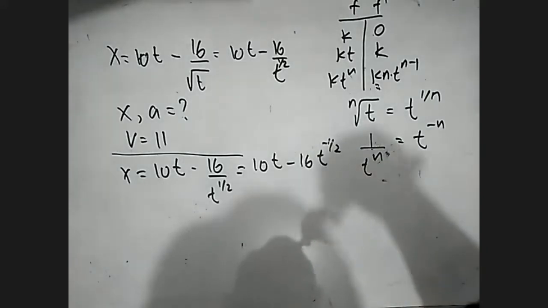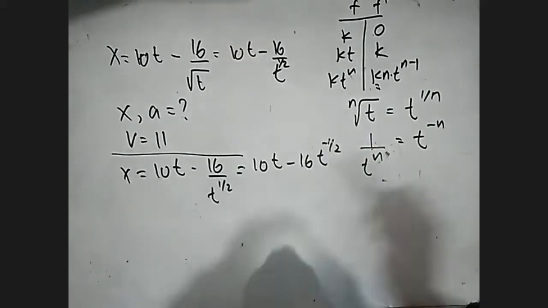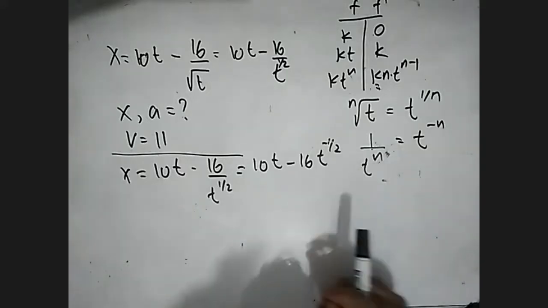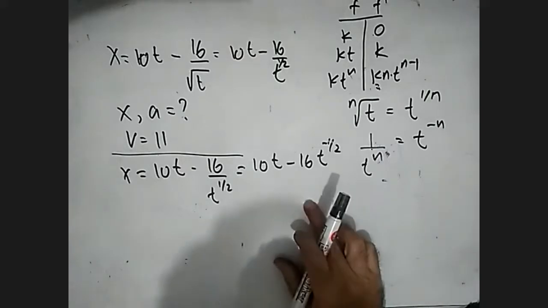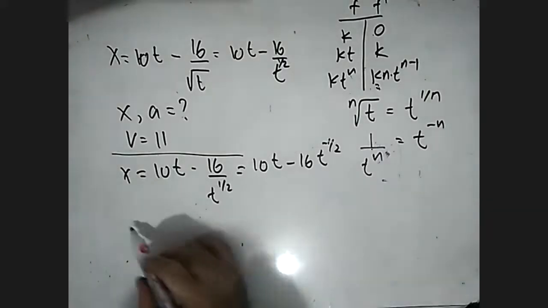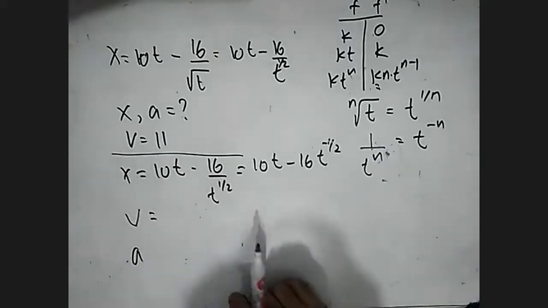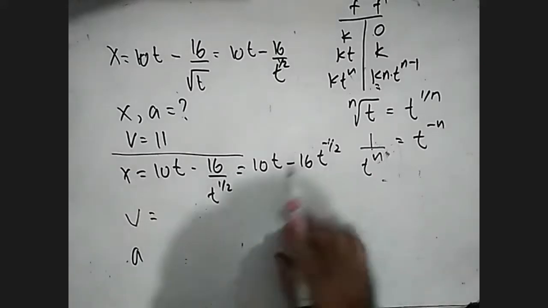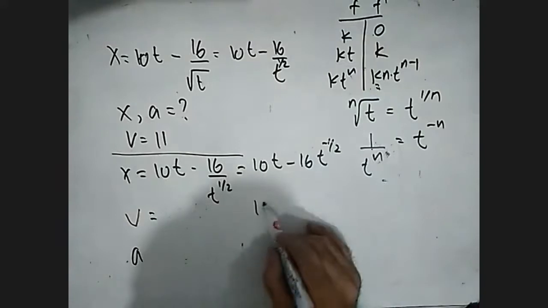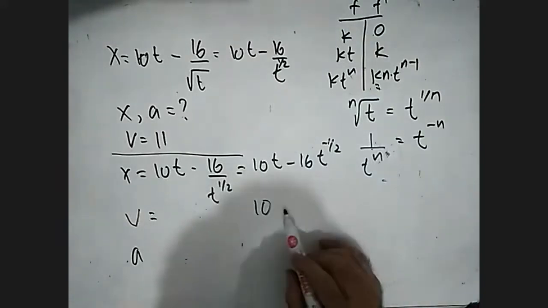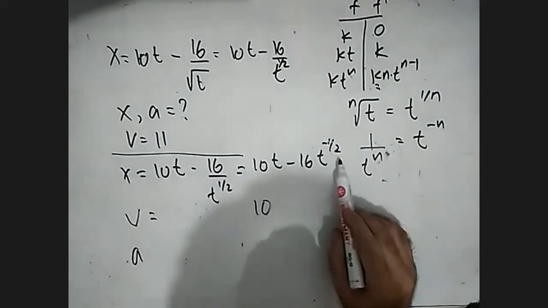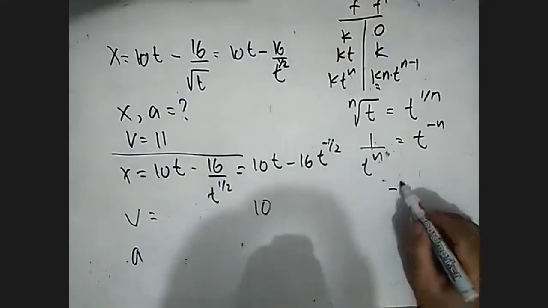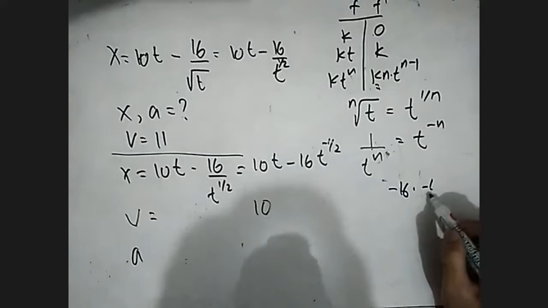We can use them to find out the value of V. Next, let's find out the formula for V and A. The formula for V is 10 times t, that's going to use the second formula, so it's just 10. For the negative 16 times negative half here, now this is going to be the K, and this is going to be the N. So it's going to be negative 16 times negative half.